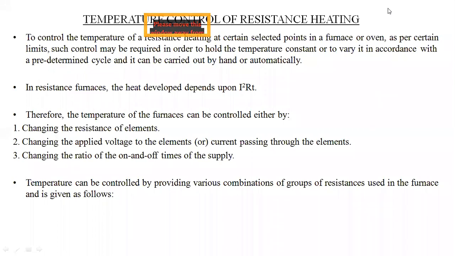By changing the tappings of your transformer, we can control the voltage. So in each heating method where we require to control the voltage of the heating element, we are going to use tap changing transformers. And the final one is changing the ratio of on and off times of the supply. So these are the three things you have to check every time to control the temperature of your resistance heating.